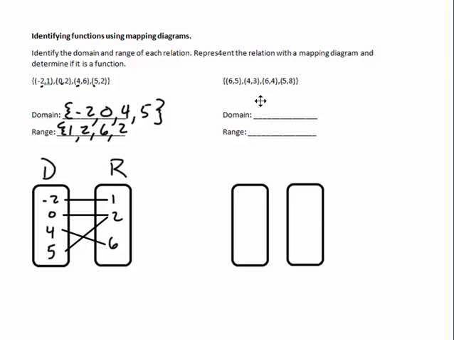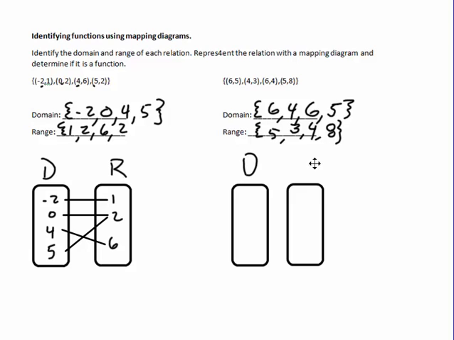So let's try this other one on the other side here. My domain, again, I'm just going to list out my x values. Here I have a 6, a 4, 6 is already accounted for, and a 5. Let me just write that in there. 6 and a 5. And here my range, a 5, a 3, a 4, and an 8.